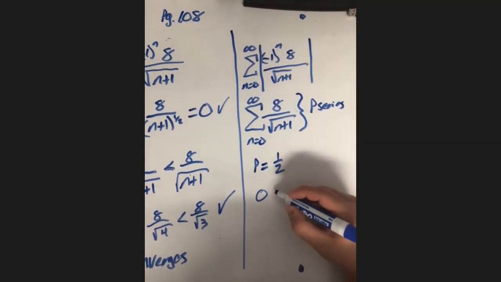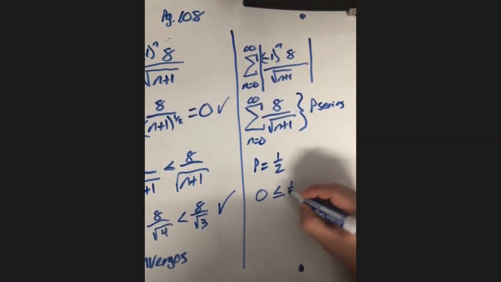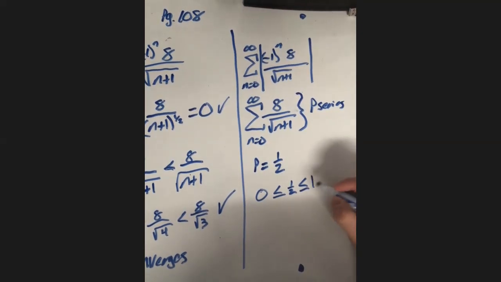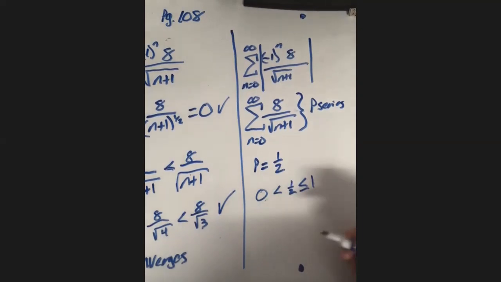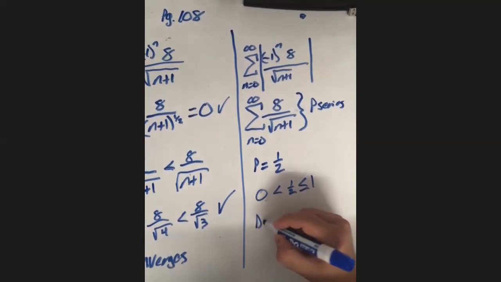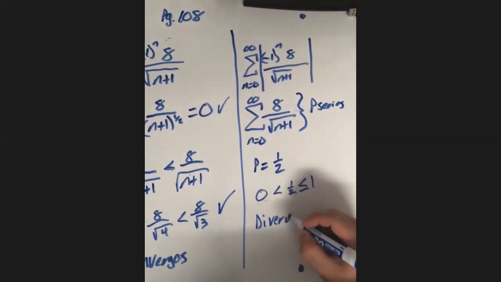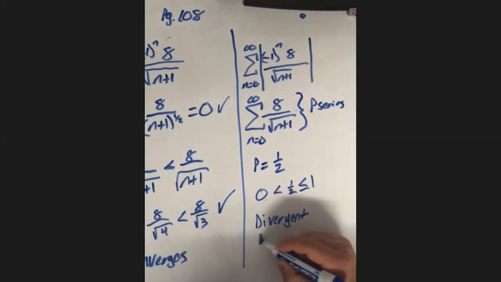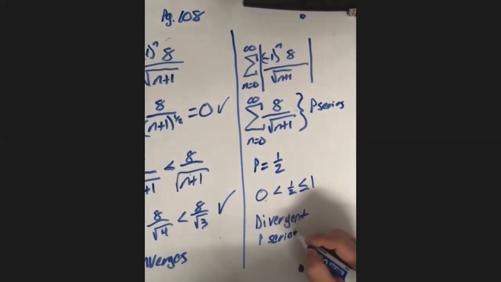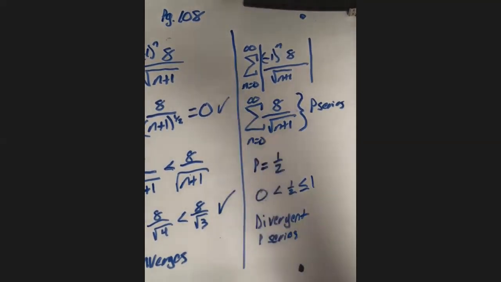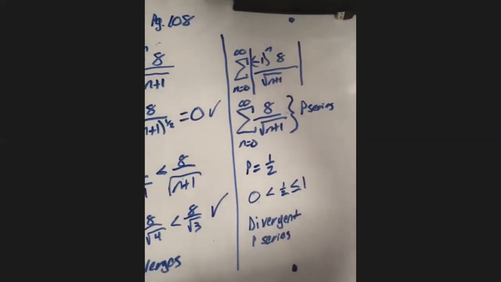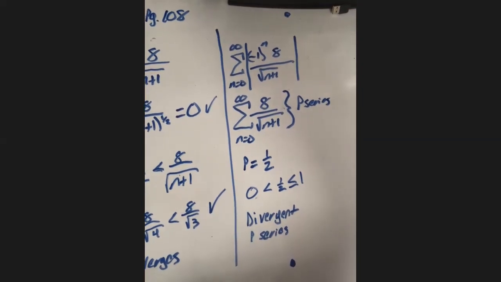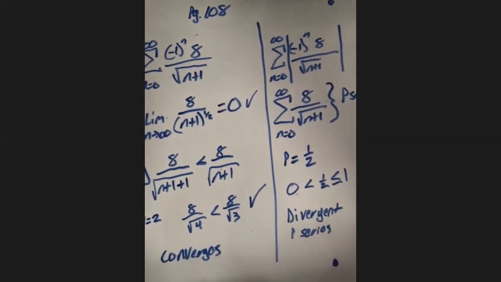Since 1/2 is between 0 and 1, this is a divergent p-series.